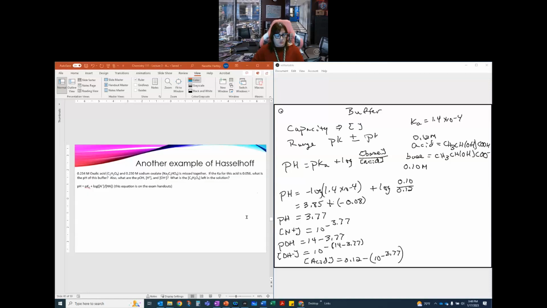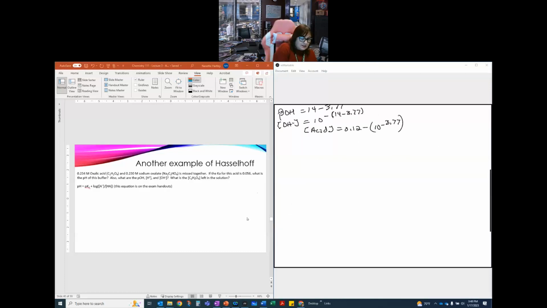Now, let's do another example with the Henderson-Hasselbalch equation so that you have more to look at and more to think about before we go on. We have oxalic acid, which is C2H2O4, and sodium oxalate, which is 0.234 molar, with the oxalate being C2HO4 minus, and this is 0.230 molar.